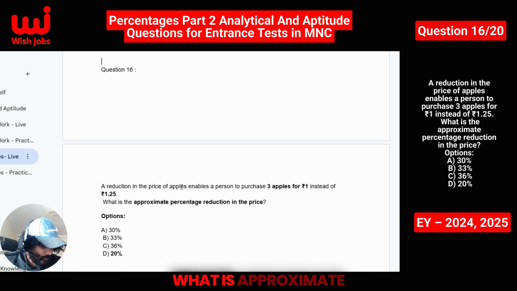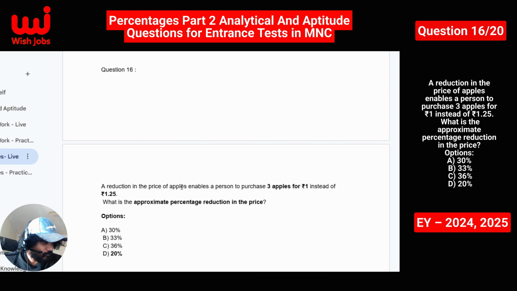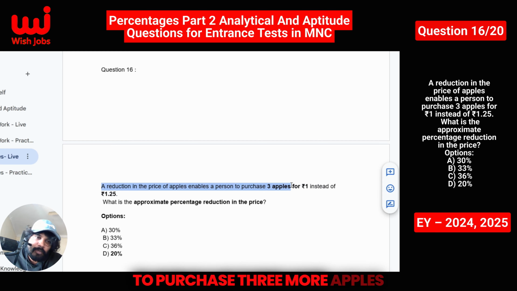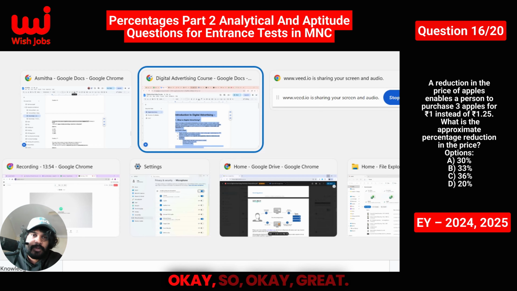What is the approximate percentage reduction in price? He's asking how much price is reduced because he's able to buy 3 more apples for 1 rupee instead of 1.25.